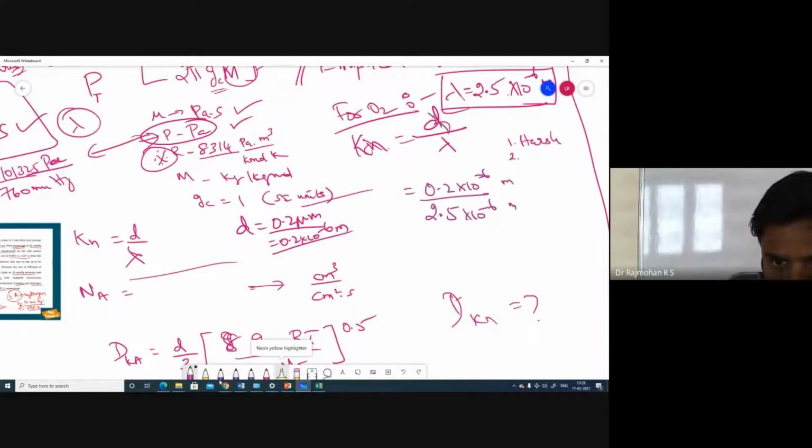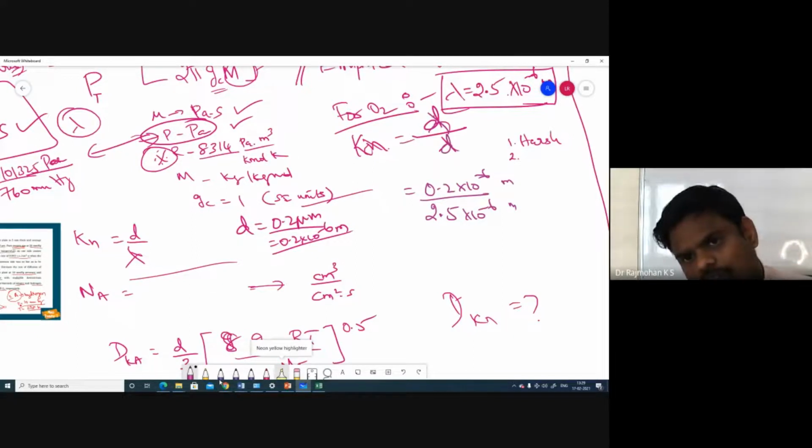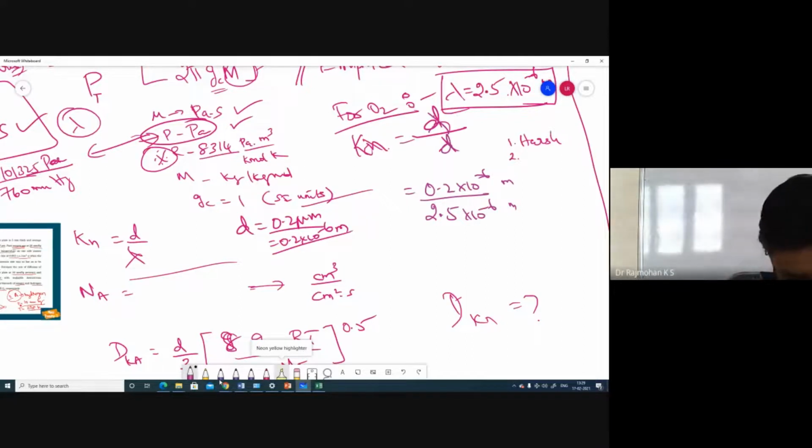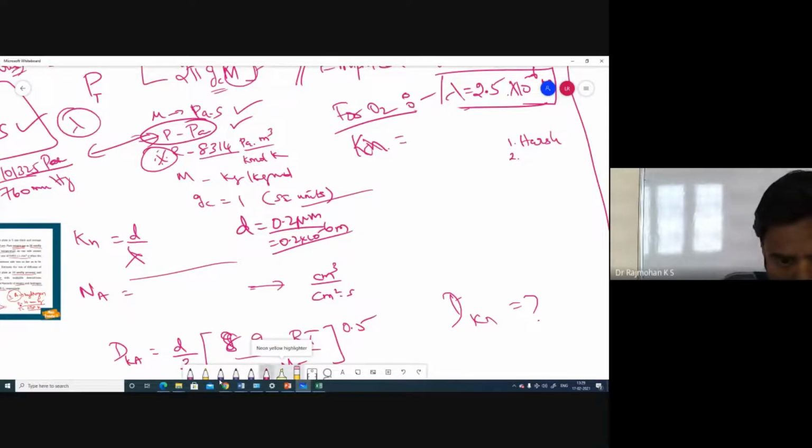We have to find lambda by D. Knudsen number is lambda by D. Obviously 25 by 2, around 12.5.